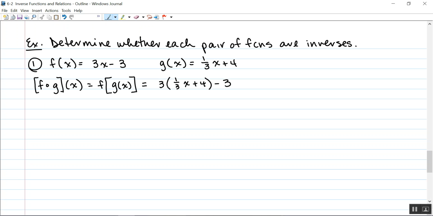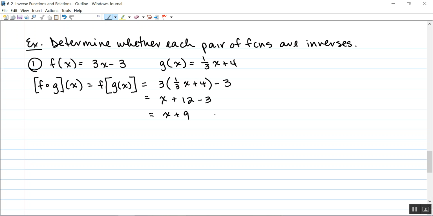So that's 3x, and I'm putting g of x in for x, minus 3. Let's simplify that and see what we get. 3 times 1/3 is x, plus 3 times 4, which is 12, minus 3, and that gives me x plus 9.